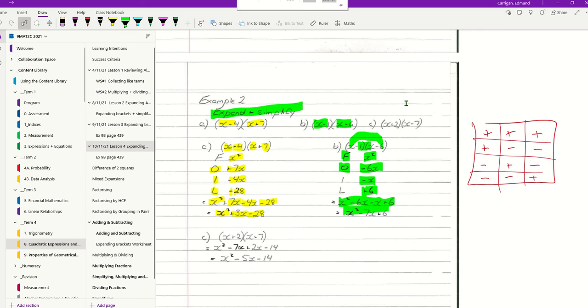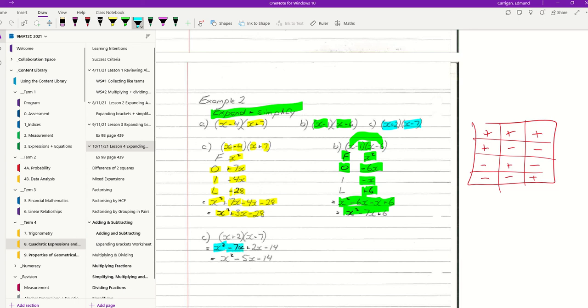All right, my last one here, I am looking at x plus 2, x minus 7. Now this time around I haven't written FOIL down the side. I'm just going to do them as we go. First term, x times x, x squared. Outside is x times that minus 7, so it's a minus, and it's just x times 7, 7x.